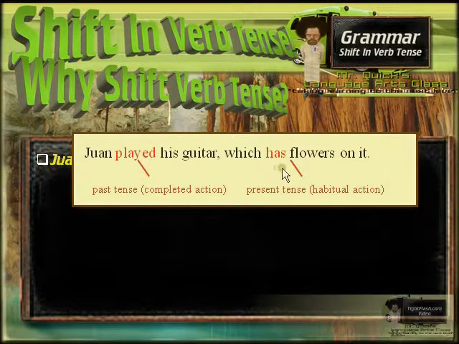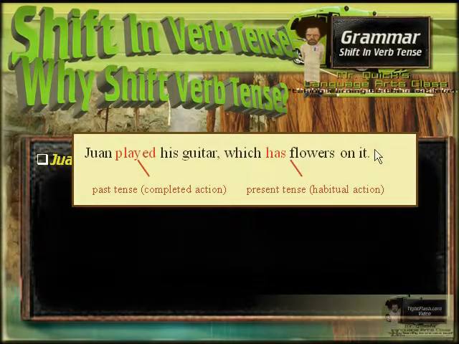I mean, of course, we can change the flowers, but presently in the sentence, it's just going to be that way. So Juan played his guitar, which has flowers on it.